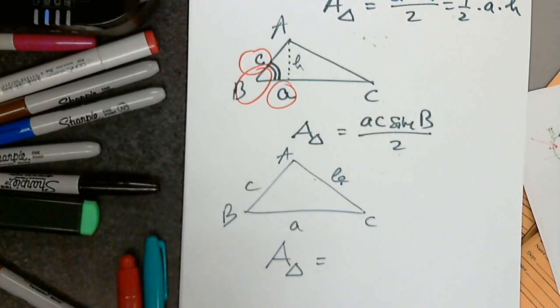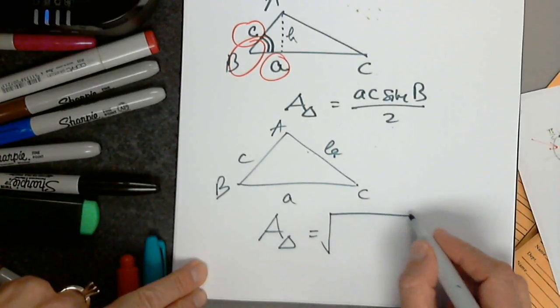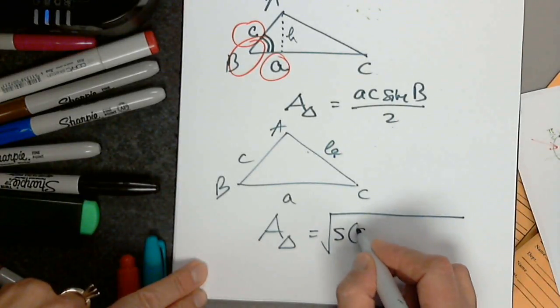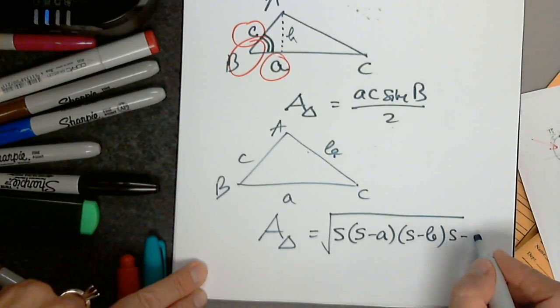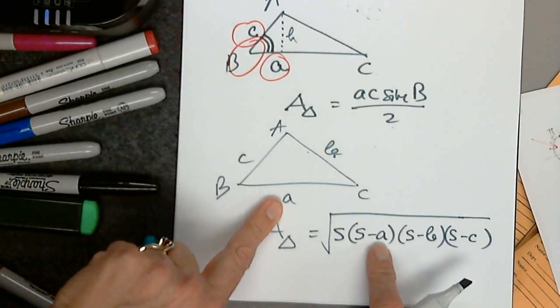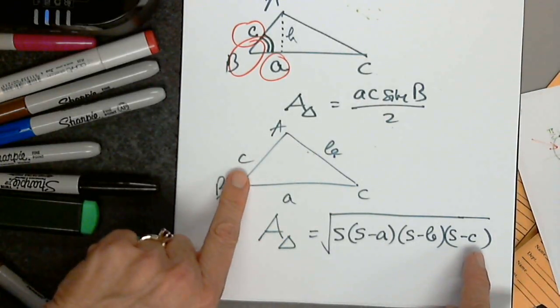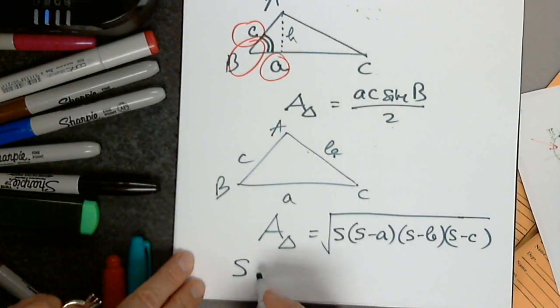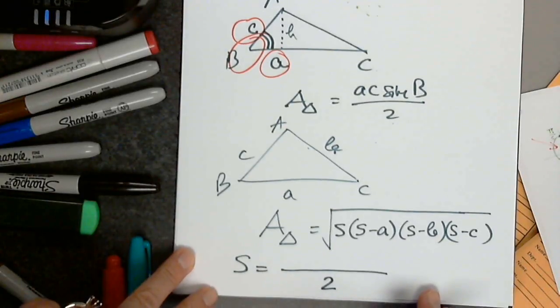I don't need it right now, but anyway, here's the formula. A is very clear. It's the side labeled A. B is the side labeled B, and C the side labeled C. But what is S? It's 1/2 of the perimeter.